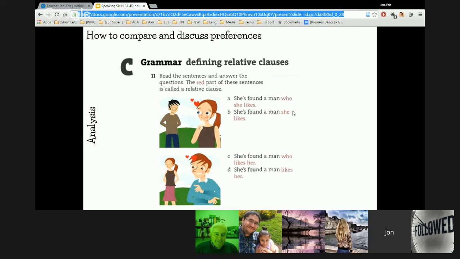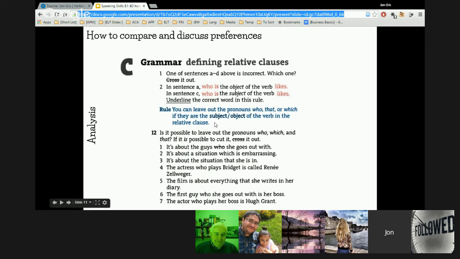Based on that idea, Victor, what would you say is the right answer for the rule in blue? What's the right word? You can leave out the pronouns who, that, or which if they are the subject, object, or object of the verb in the relative clause. Which one? Subject or object?